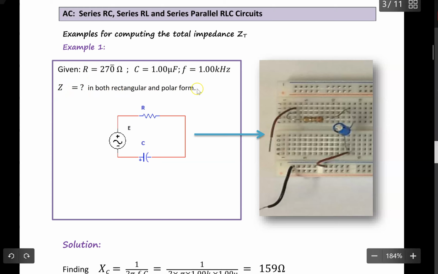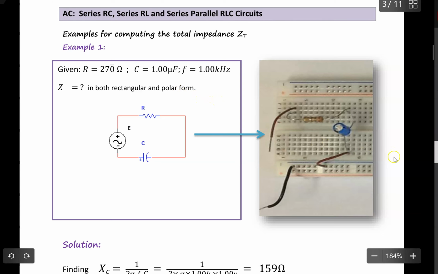Okay, don't forget that I try to write all my values here in 3 significant digits, because the expectation is that we will write our impedance both in rectangular and polar forms in 3 significant digits.